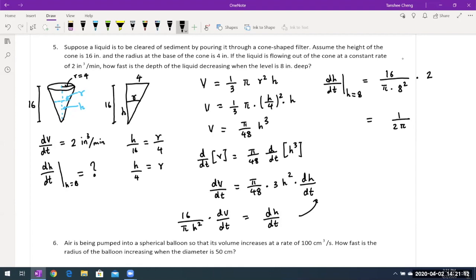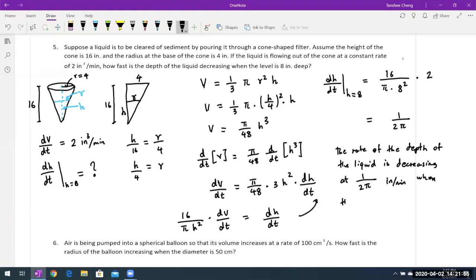So I would say that in this case, the rate of the depth of liquid is decreasing at 1 over 2 pi inches per minute when the level is 8 inches deep.